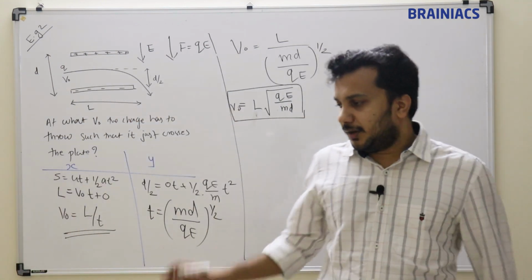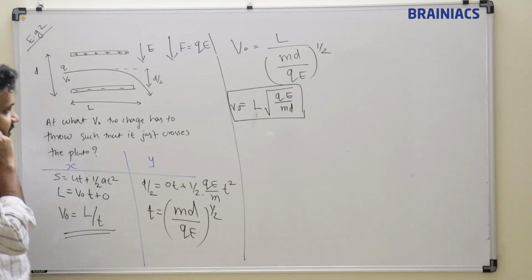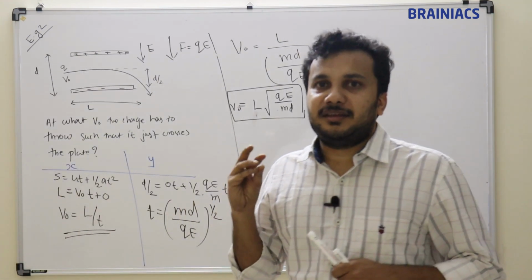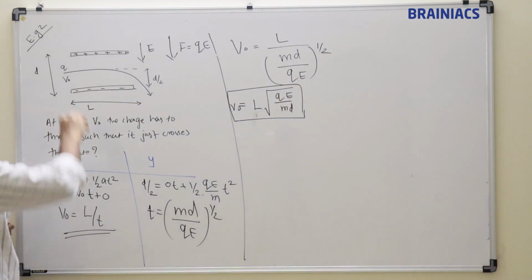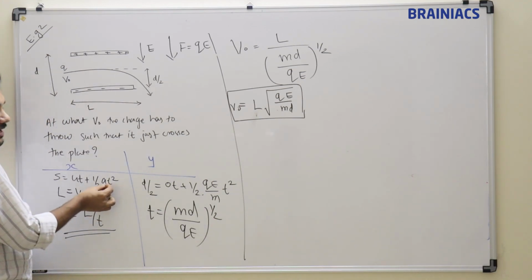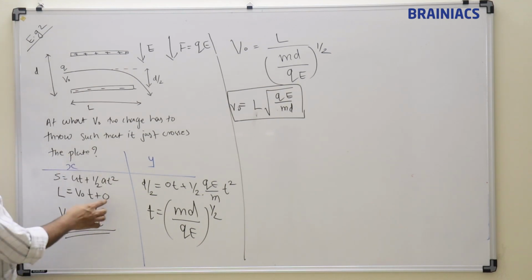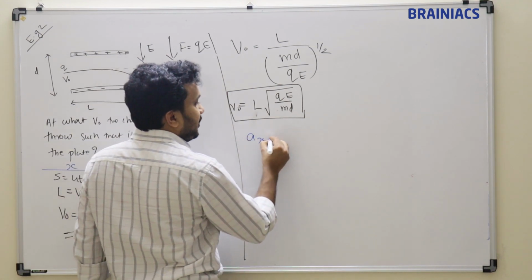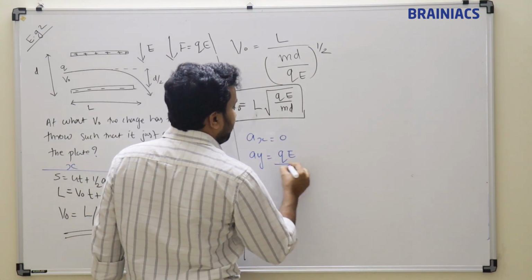Hope you understood. Now, in the last topic and in this topic also, I considered a gravity free area. Whenever gravity comes into the picture, what will happen in these motions? We have written that there is no acceleration in the x direction, so ax will be equal to 0 and ay will be equal to QE divided by m.